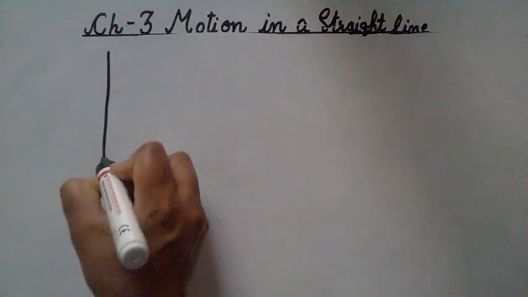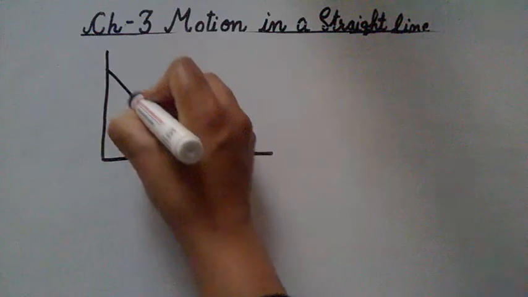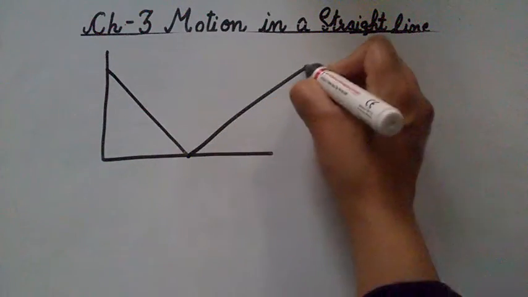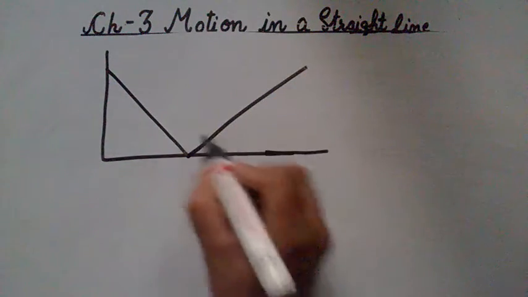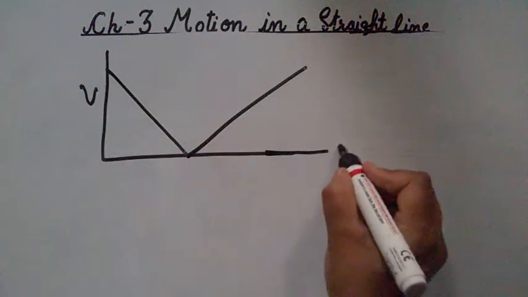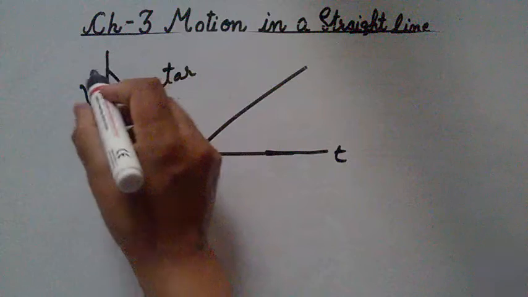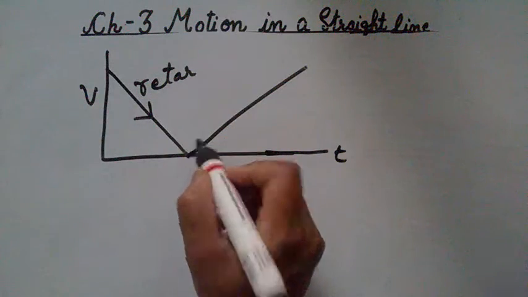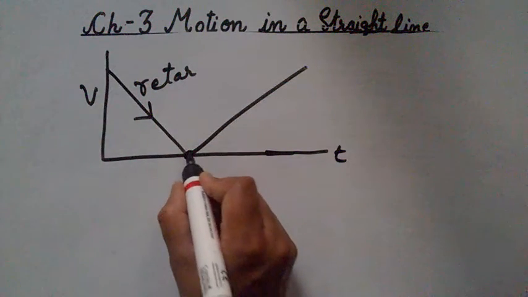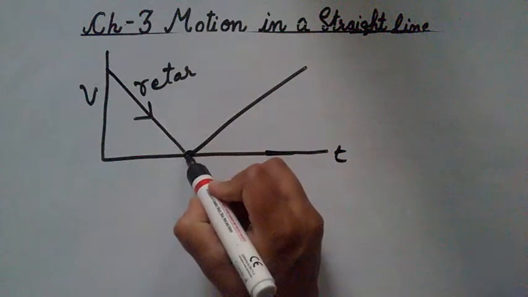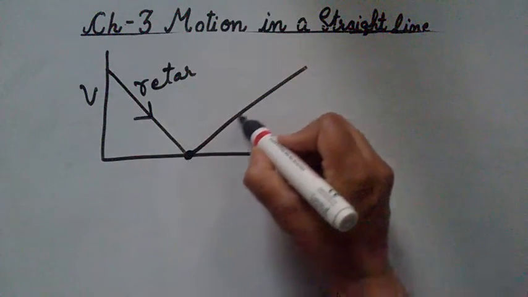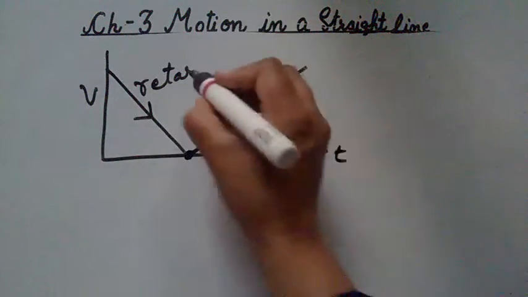This graph we cannot draw in this way. Retardation and then acceleration, because here the direction is not changing. This is retardation. A body is uniformly retarded, and after reaching at a point, its velocity will 0 and then uniform acceleration.